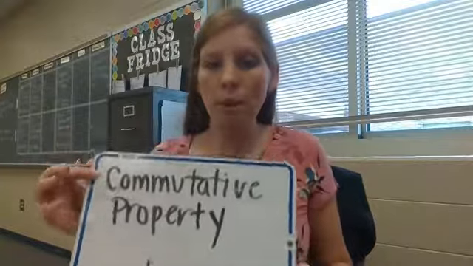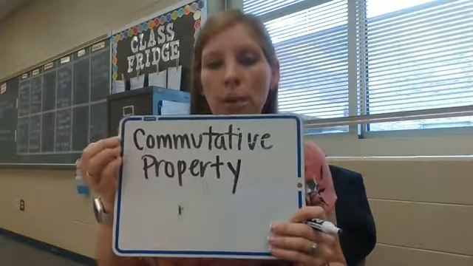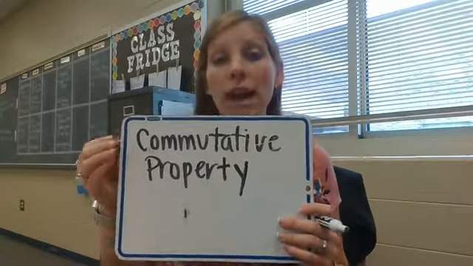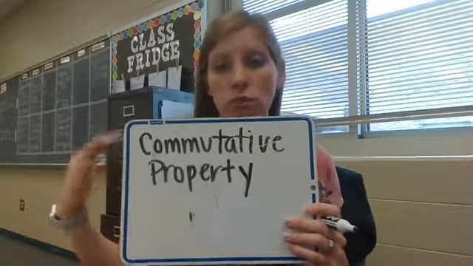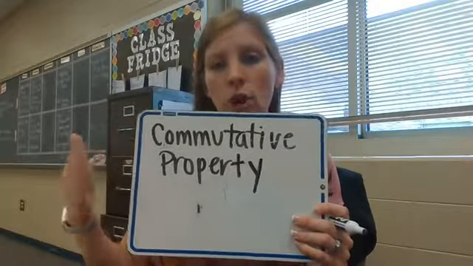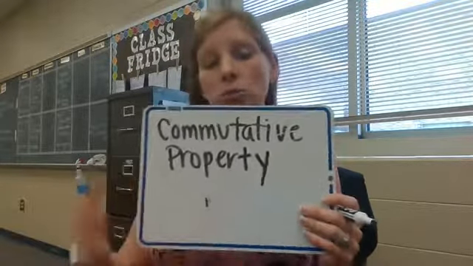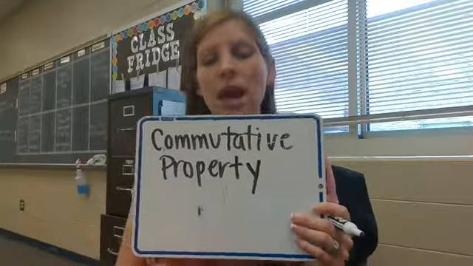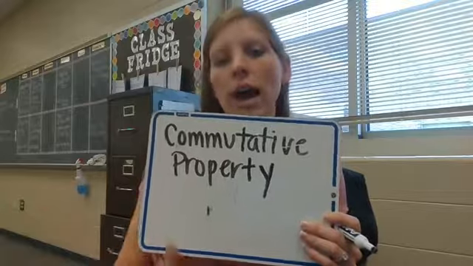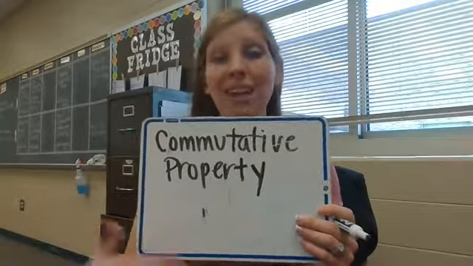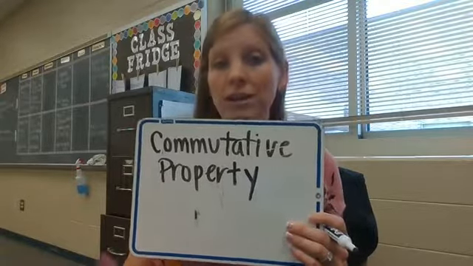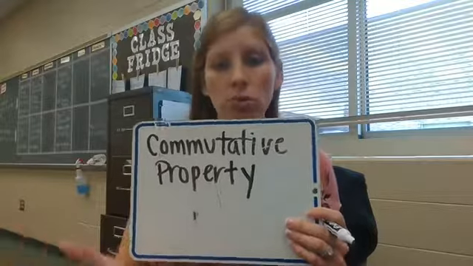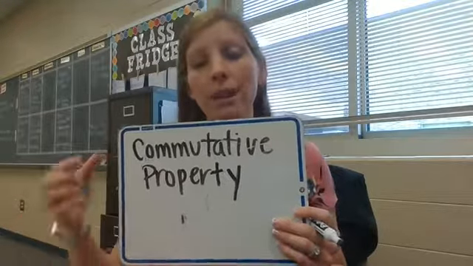The way that I remember the commutative property is every day I drive to and from school on work days. So home to school, school to home. No matter which way I go, the distance is the same. And we call that drive, home to school, school to home, my daily commute.